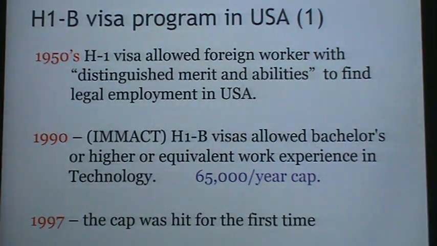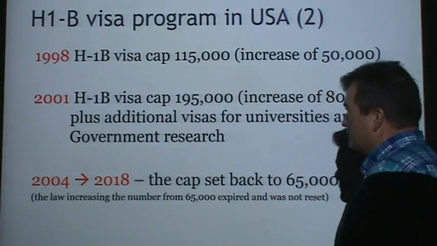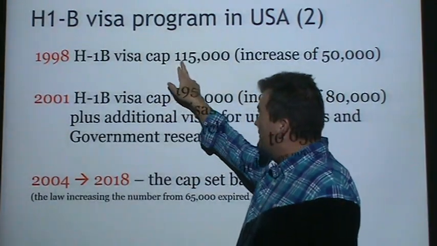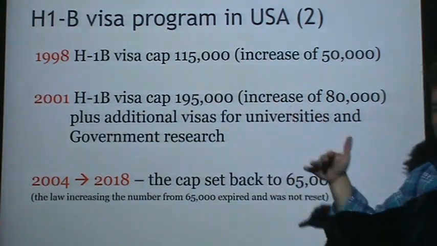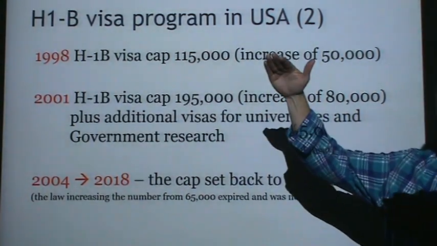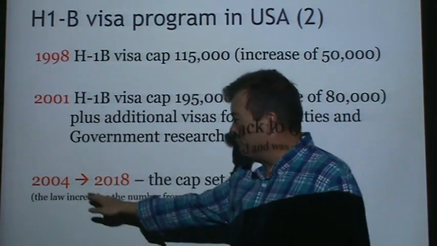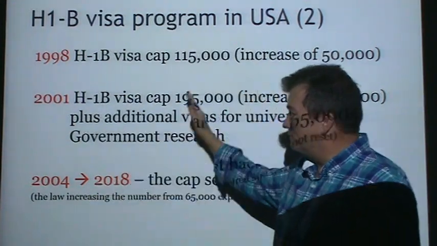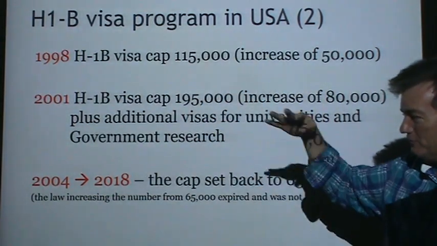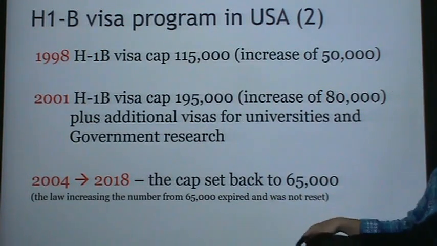But by 97, the cap was hit, and then in 98, they increased the cap to 115. They passed a new law in 98 saying it would be like a schedule. Every year it would go up, and I think it went up to 2003. So the law was in effect, I guess, for 5 years, the increase, and then that expired. So it went back to 65,000 again.